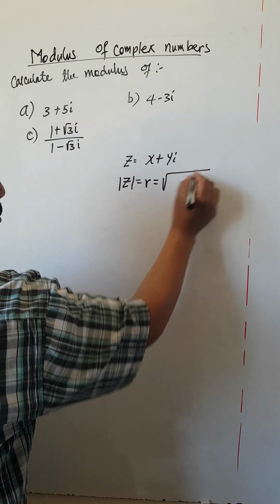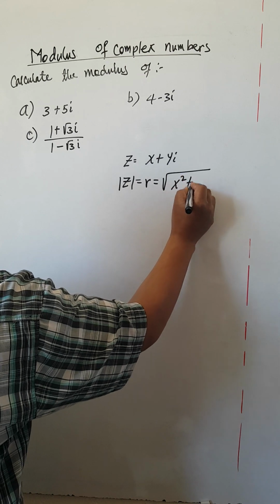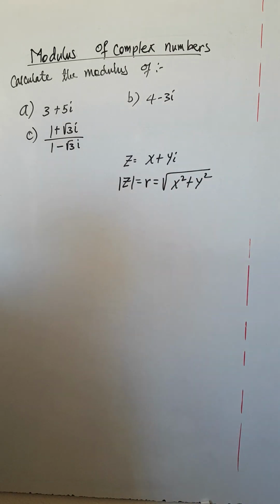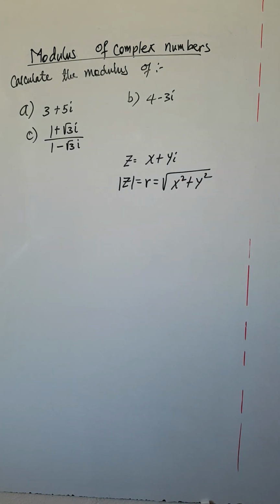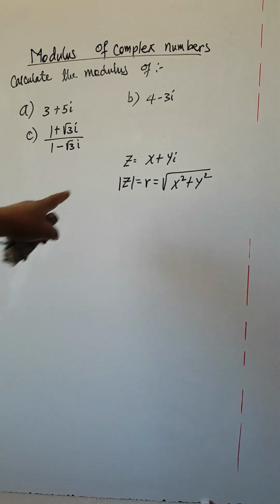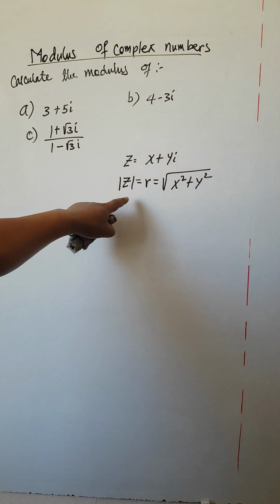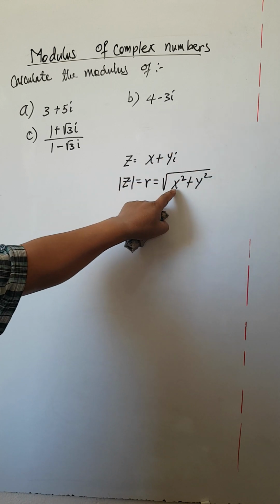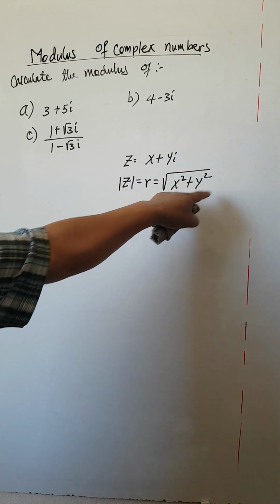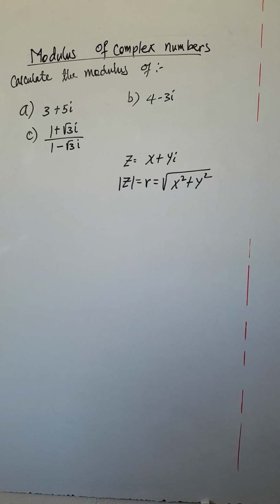This r, which is called the modulus, is equal to the square root of the sum of the square of the real part and the square of the imaginary part.